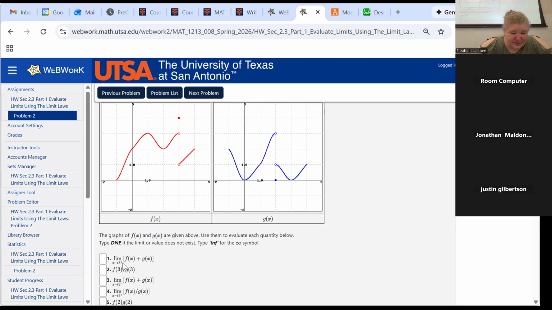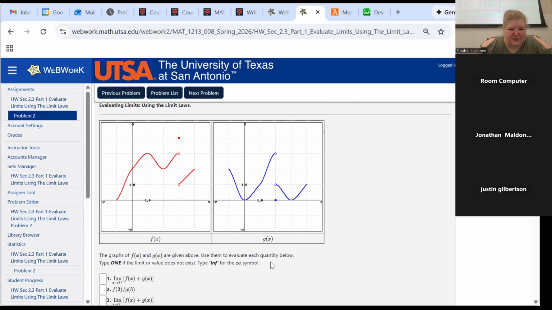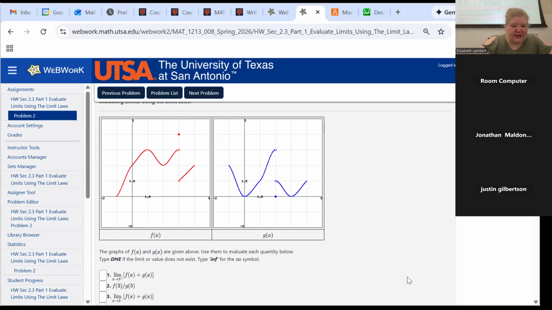All right, so this first one here, the limit as x approaches 3 from the right of f of x plus g of x. Let me actually screenshot this over because I think it'll be easier to play around on OneNote.